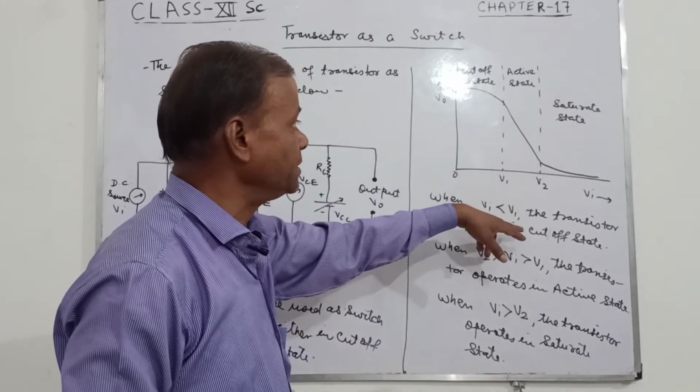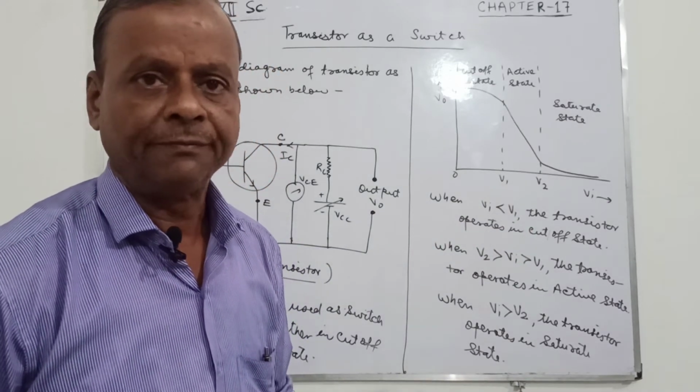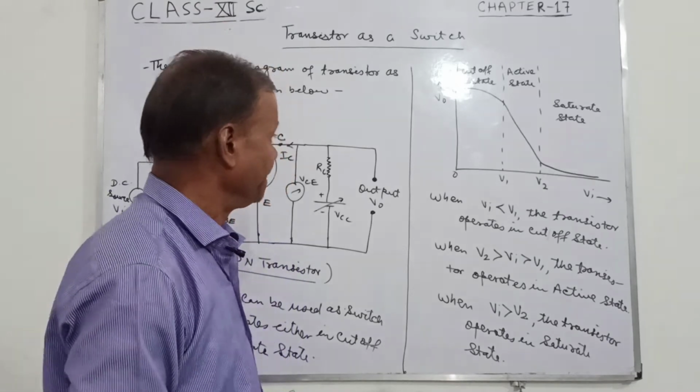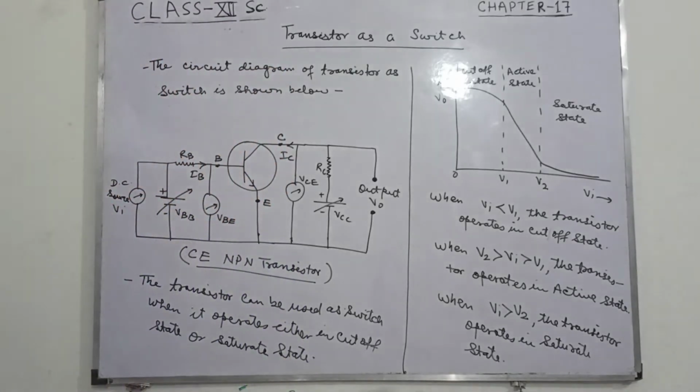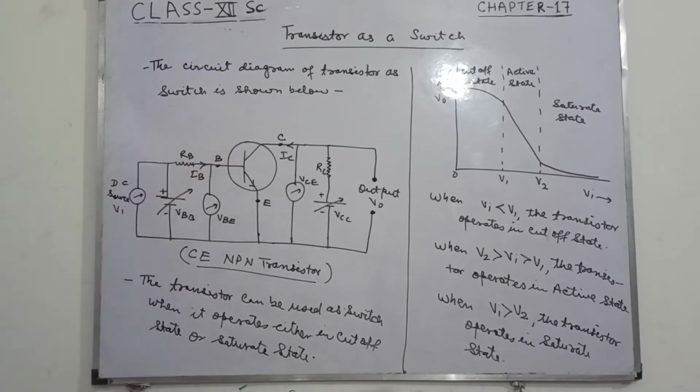In the active state, the transistor will not act as a switch, but just like the amplifier. So this is the circuit diagram and the cutoff, active and saturated states. You can take a screenshot of this so that you can study it after this lecture.